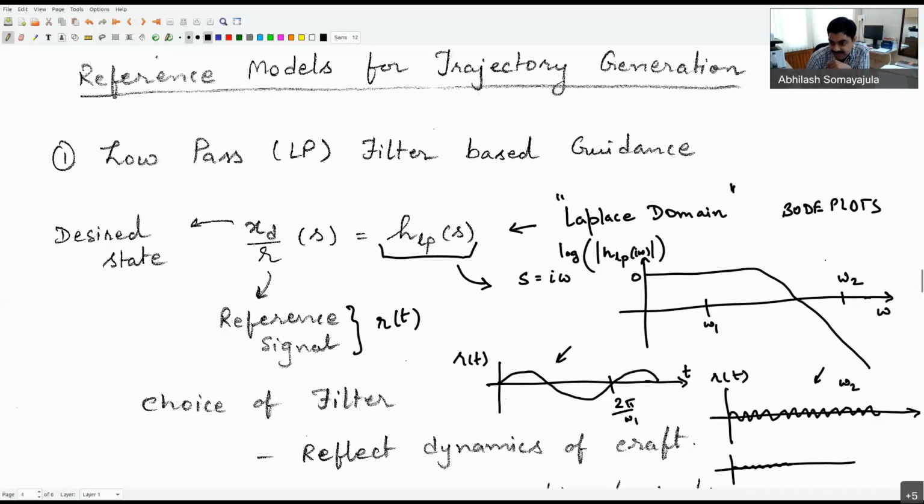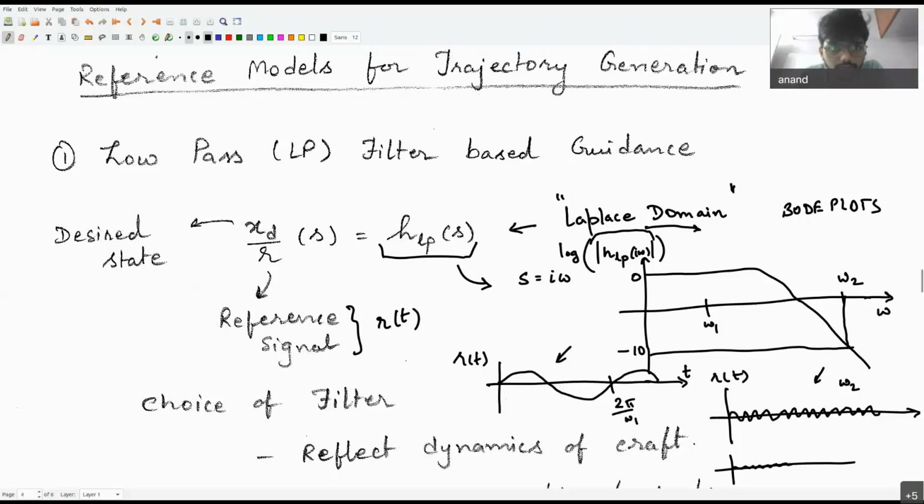Let's say that in this case, when I read off of the graph, this value is minus 10. What does that mean? If log is equal to minus 10, what does that tell me about mod of this? E power minus 10, assuming this is taken as e power.